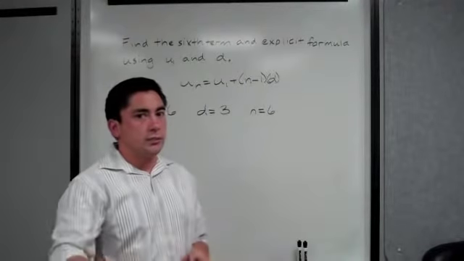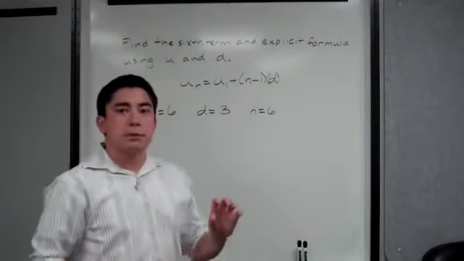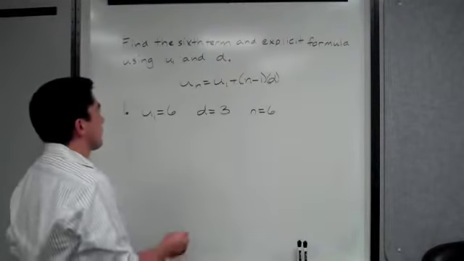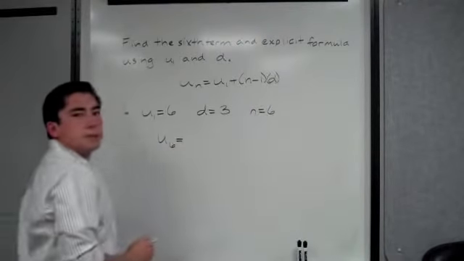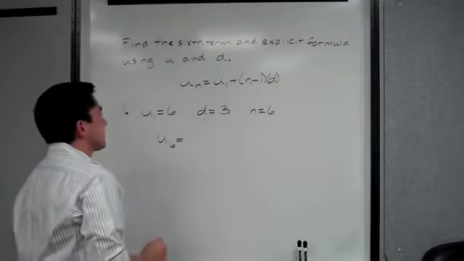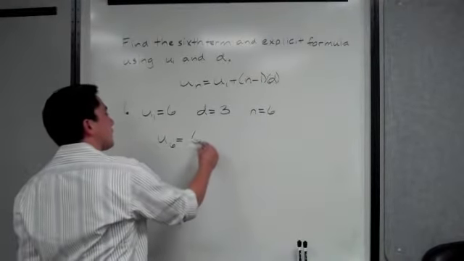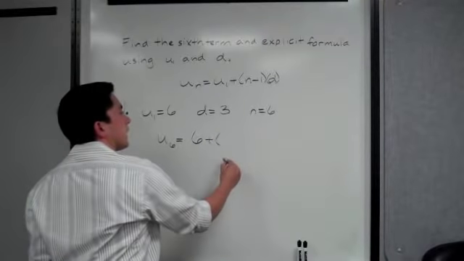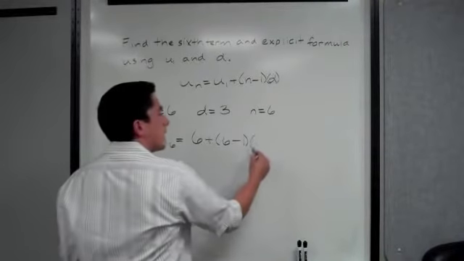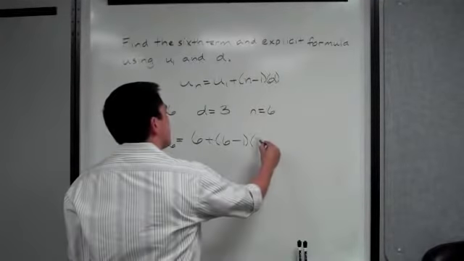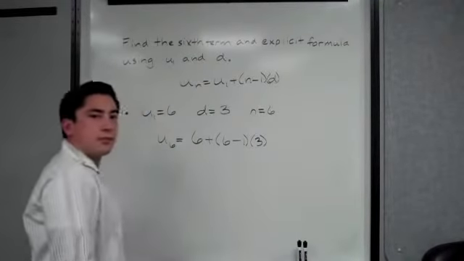Don't try to change a formula. That defeats the purpose of it being a formula. So we're looking for the sixth term, U sub 6. The sixth term is equal to our first term plus n, which is 6 minus 1, times our difference, which is 3. That's our common difference.